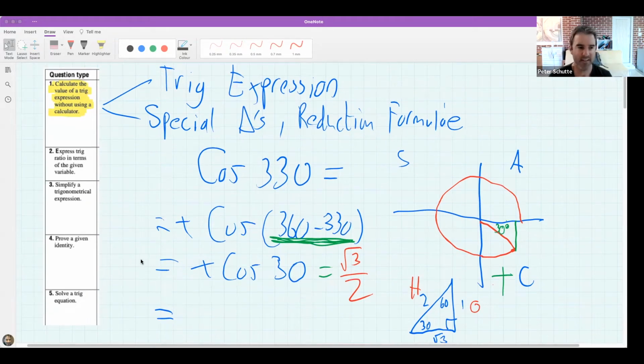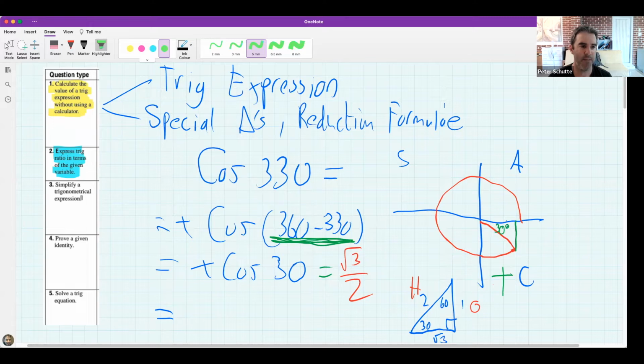So, like I said, when we talk about trig exam questions, one type of question, which we'll see later, is expressing trig ratios in terms of a given variable. I'm not going to go through a whole deep one, but you'll see this later on.